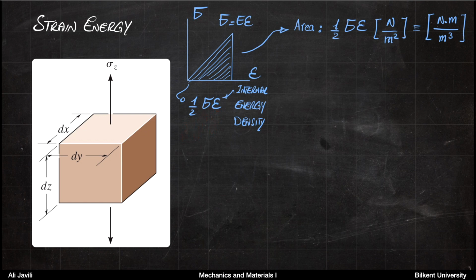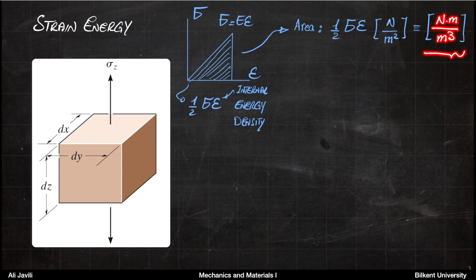But if you look at that area, its dimension is Newton per meter squared. Again, remember epsilon is dimensionless, so you can imagine it's meter over meter, so it's dimensionless in total. And stress is Newton per meter squared, so it's Pascal basically. But alternatively, you can think that Newton per meter squared can also be expressed as Newton meter over meter cubed.